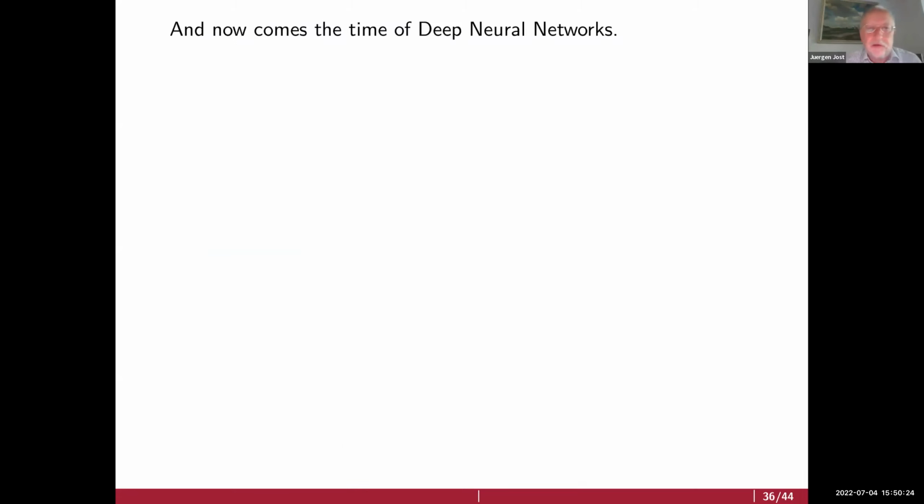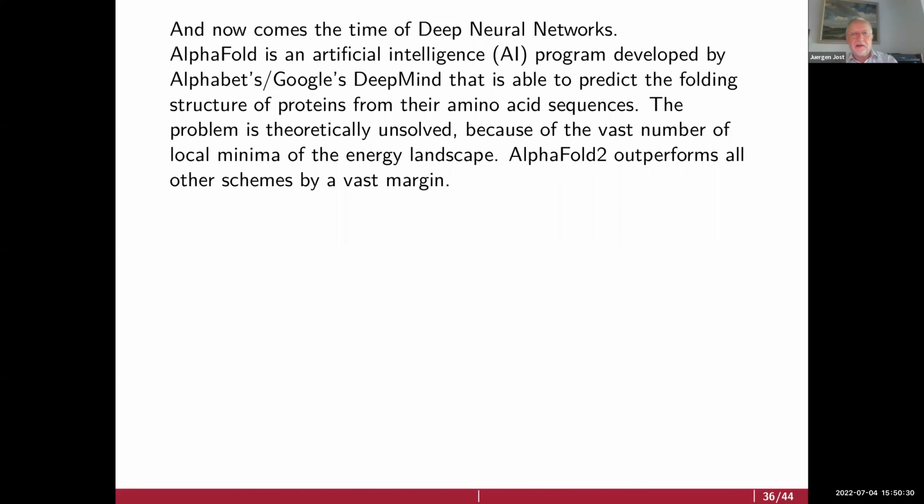And of course, for an outlook, I should also mention that now comes the time of deep neural networks, and there's been a spectacular application that is AlphaFold. And so the basic problem that people could not solve is to find the folding structure, the three-dimensional structure of proteins. You have the amino acid sequence that is typically 250 or 300 amino acids that the protein, or more precisely a polypeptide, is composed of, that you can easily get.